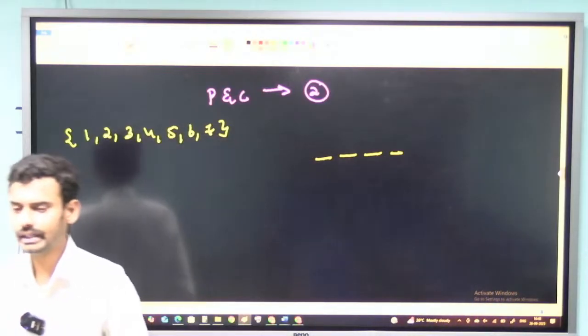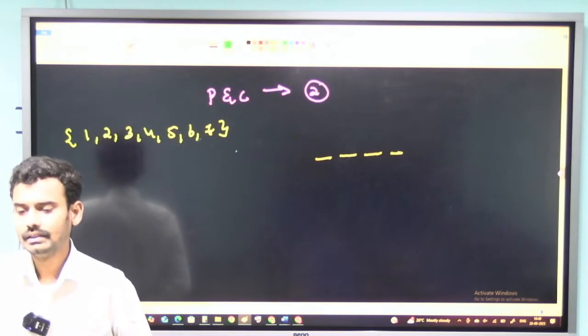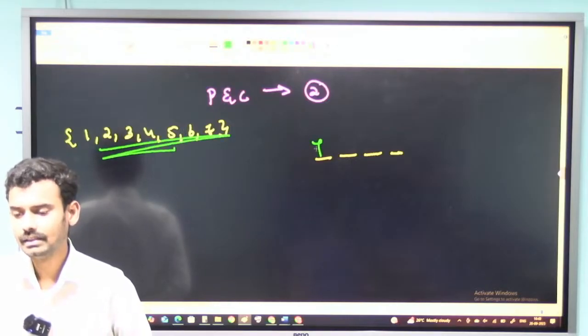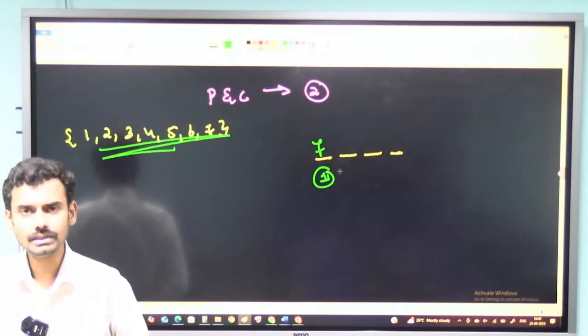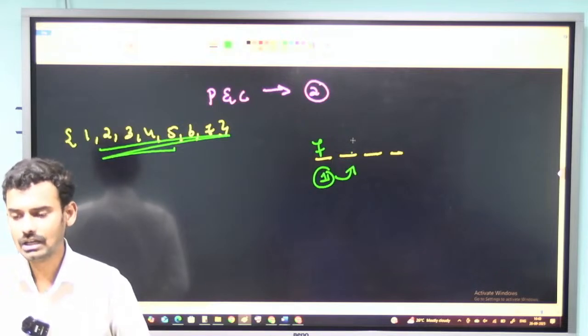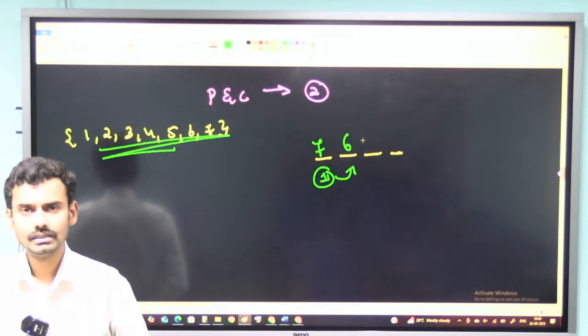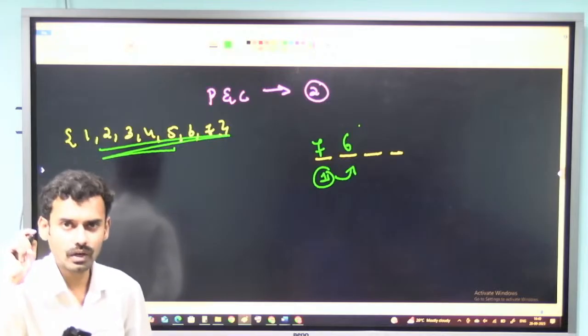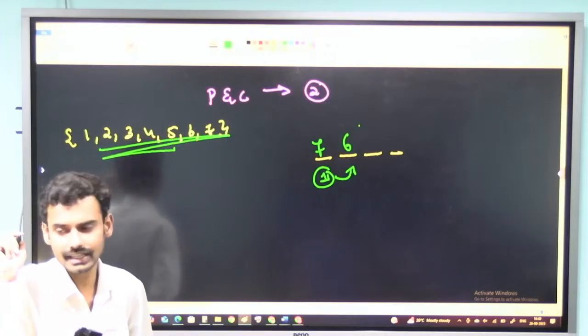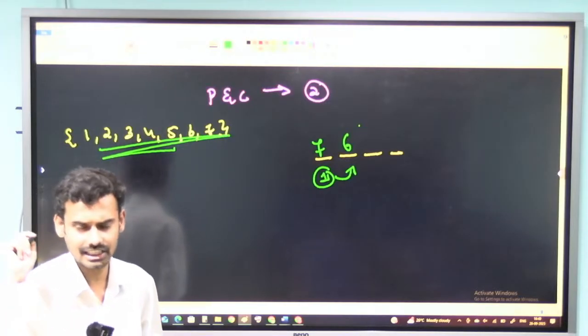So I can consider there are 7 options for the first place. Now one number is already used. Coming to the second place, I will have only 6 letters, letters in case of a word, and here I can say digits. There will be 6 digits left over.